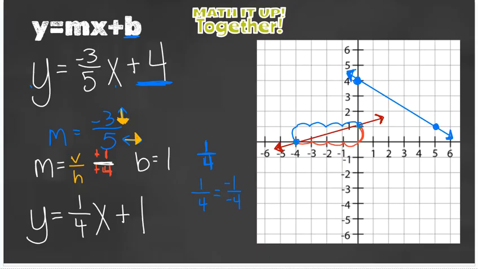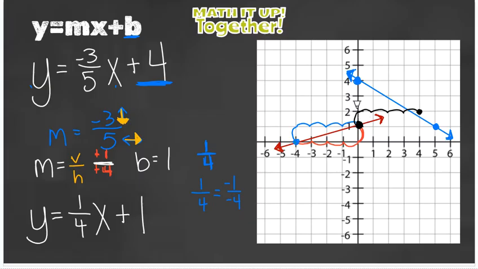And again, if we were going the opposite direction, we would have graphed that y-intercept there. We would count 1 over 4, up 1, over 4, 1, 2, 3, 4. And guess what? That point will also land on the line.